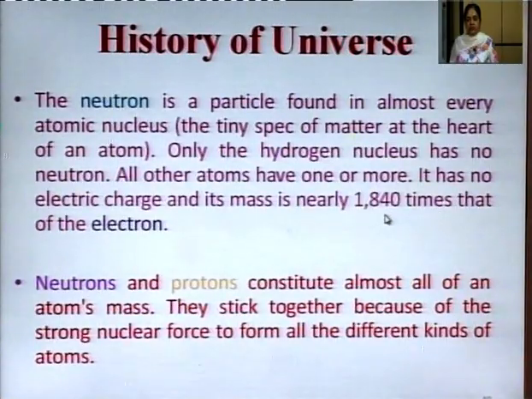It has no electric charge and its mass is nearly 1840 times that of an electron. Neutrons and protons constitute almost all of the atom's mass. They stick together because of the strong nuclear force to form all the different kinds of atoms.